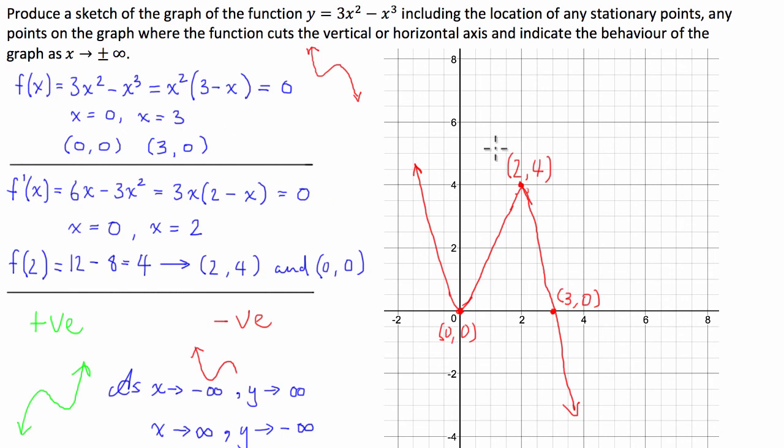So guys, let me just run through what I did again, just before we go, to make everything as clear as possible. To start with, I found my x-intercepts by factorizing the function, setting it equal to 0, and then using the null factor law to solve it. After that, I differentiated my function, factorized it again, and set it equal to 0, so I could use the null factor law to solve for x.